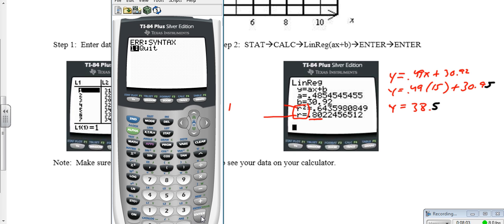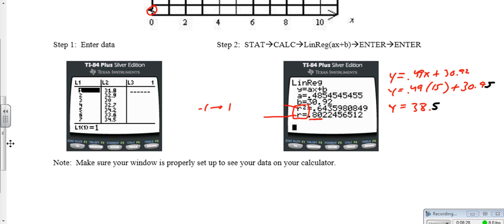I had that on already, so ignore that. Enter, enter. Next time I do this calculation, I will get r and r squared. And again, r is what we were looking for. R is correlation, and that's what we're focusing on in this lesson.